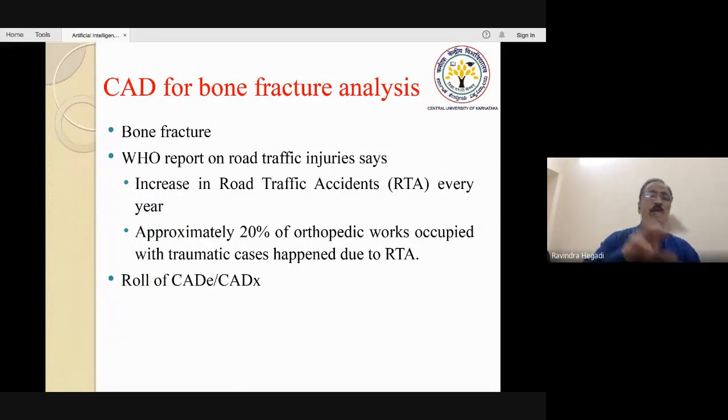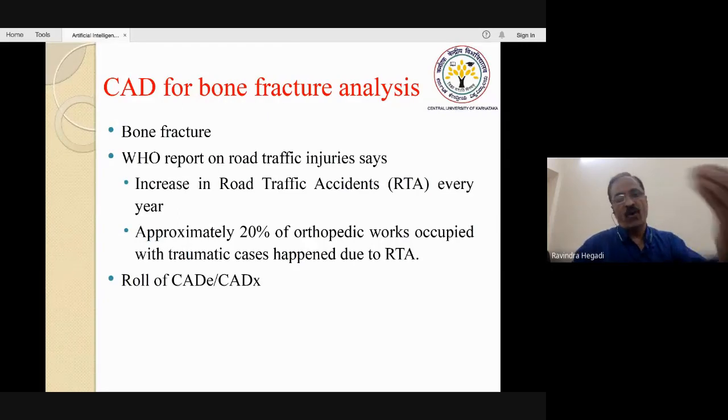Now we will focus on our bone problem, which we are basically looking at. Why do we need CAD for bone fracture analysis? Bone fracture is the most common consequence of a severe accident, or whenever a person falls from a high place.